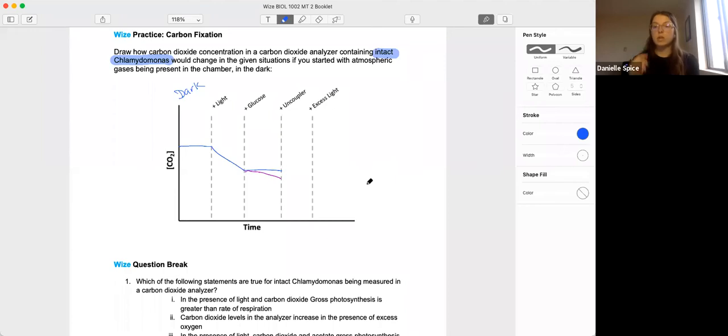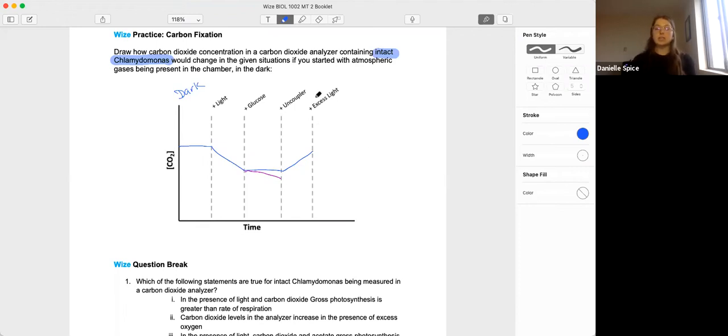So we're likely going to be going through pyruvate oxidation and the Krebs cycle quite quickly. So in that case, we're going to increase our amount of CO2 in our CO2 analyzer.